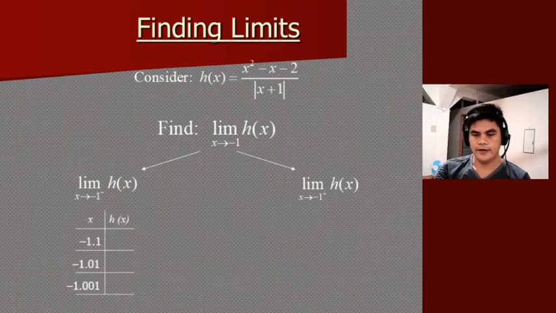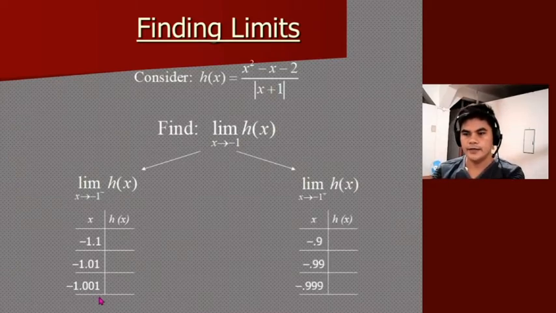From the left, we have negative 1.1, negative 1.01, negative 1.001. From the right, we have negative 0.9, negative 0.99, and negative 0.999, as x gets closer to negative 1.